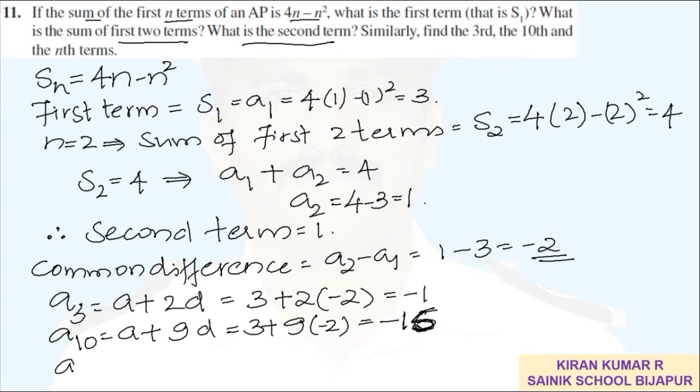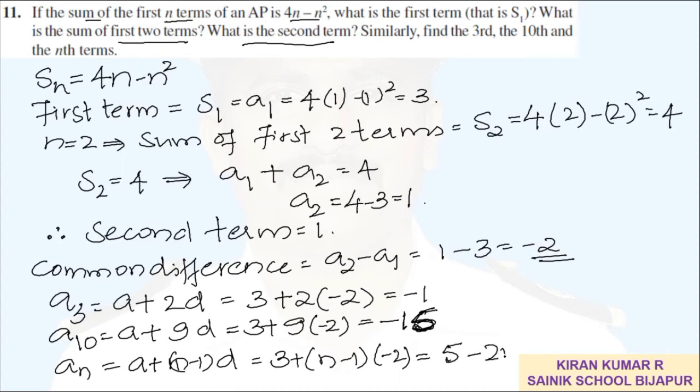So the nth term will be a plus n minus 1 into d. If you substitute 3 plus n minus 1 into negative 2, on further simplification, this becomes positive 5 minus 2n. This will be the nth term, 10th term, third term, second term, and first term.